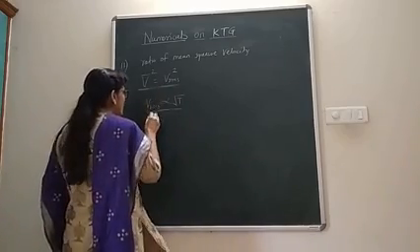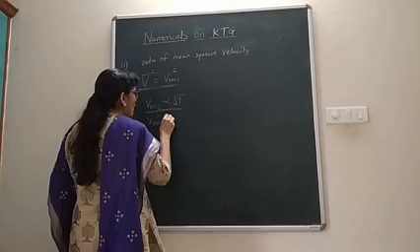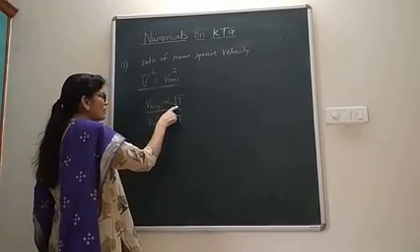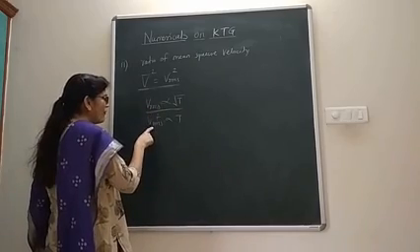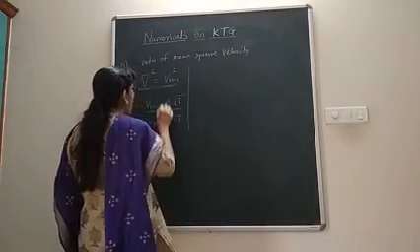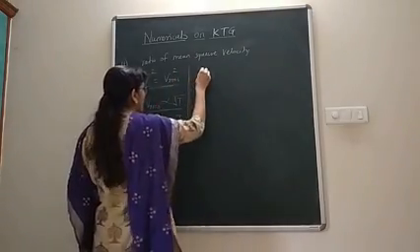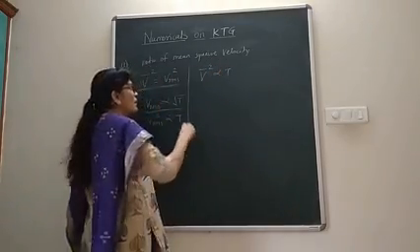VRMS is directly proportional to the square root of temperature, so VRMS square is directly proportional to temperature. So from this we can write mean square velocity is directly proportional to temperature.